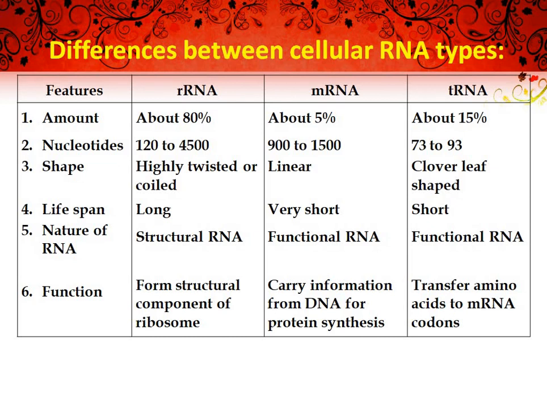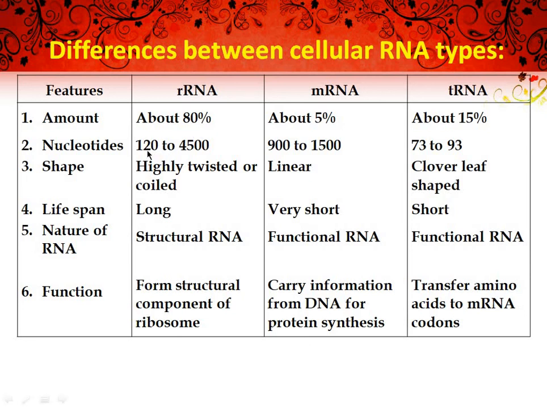Now here there is a comparative account of all the three types of RNAs. Now the amount, that is the percentage of the RNAs in a cell: the ribosomal RNA forms about 80% of the total RNAs, mRNA forms about 5% of RNAs, and the tRNA forms about 15% of the total RNAs.